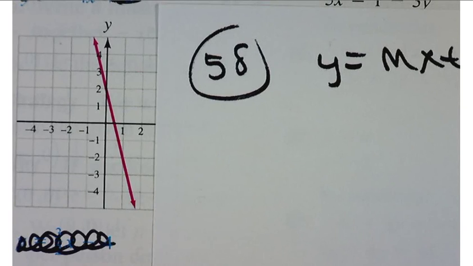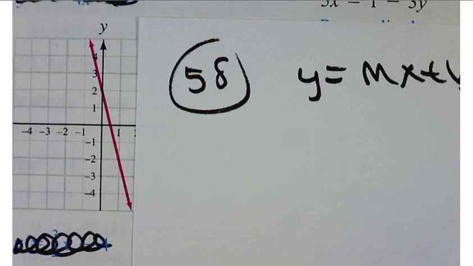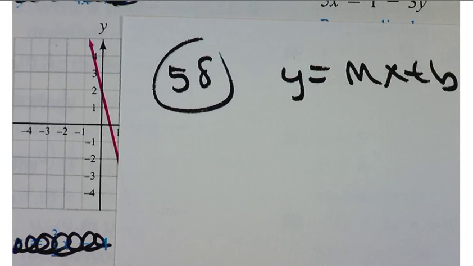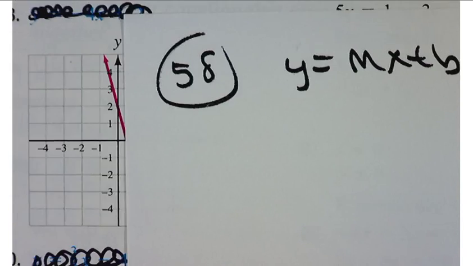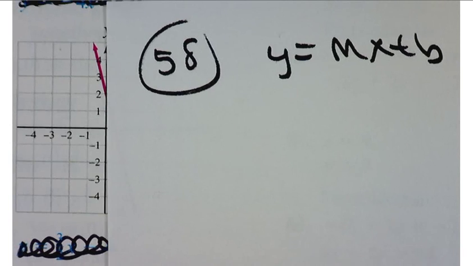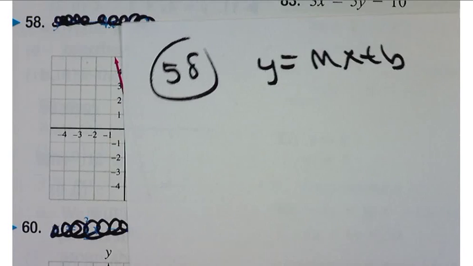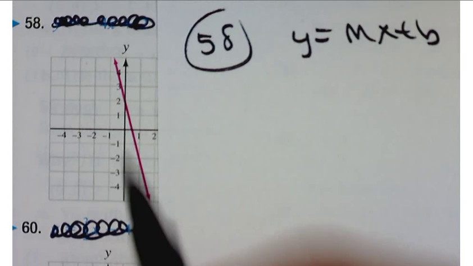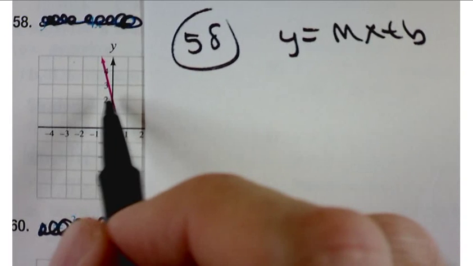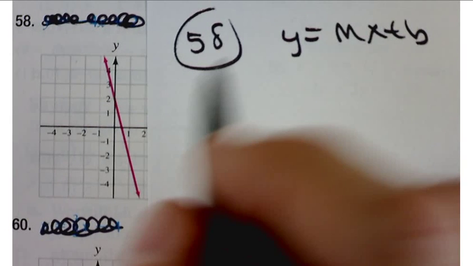Your chance here is you got a golden opportunity to do the easy part. Can anyone figure out one of these two values, m or b? b would be 2, right? Because it's crossing the y-axis at 2. So b equals 2.